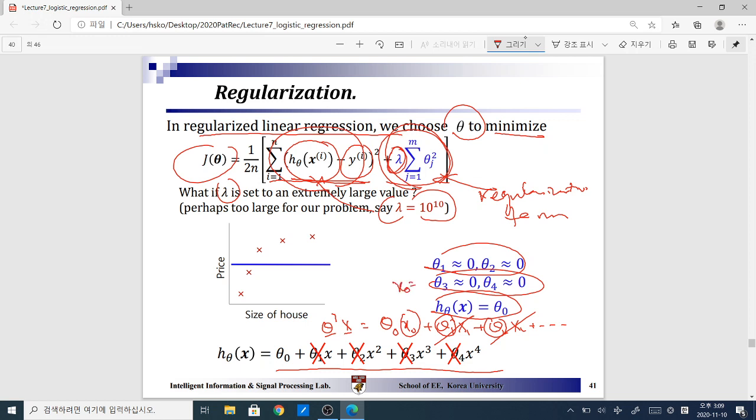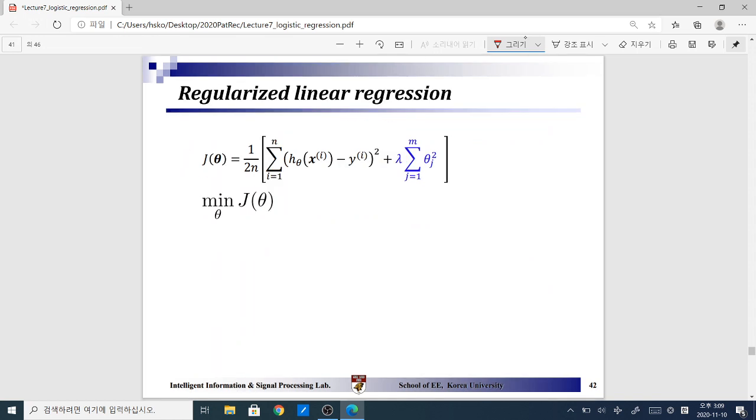By the way, x0 is equal to 1. So the only thing that's going to be left would be just theta 0 in this case, for a very, very high value of the coefficient. So that means the hypothesis is going to have just this constant theta 0 left. So it's going to be pretty much flat as a result of choosing a very, very high value of the coefficient.